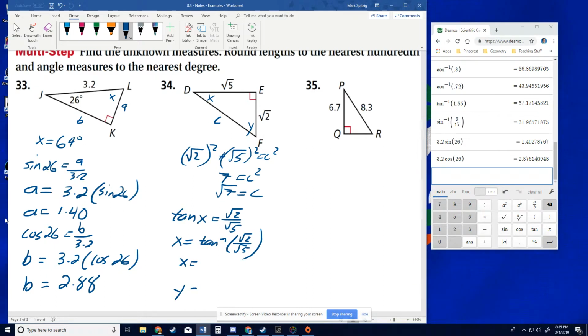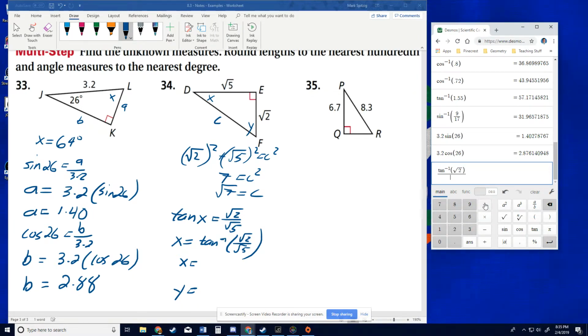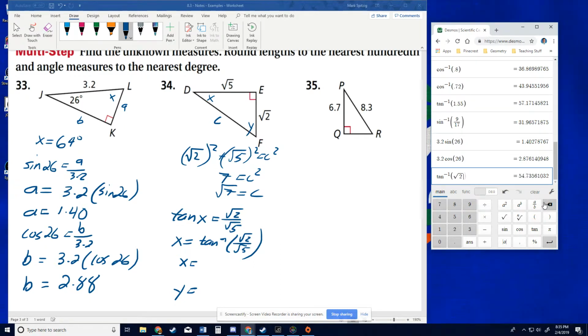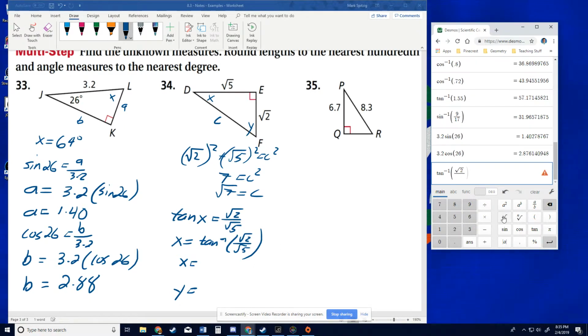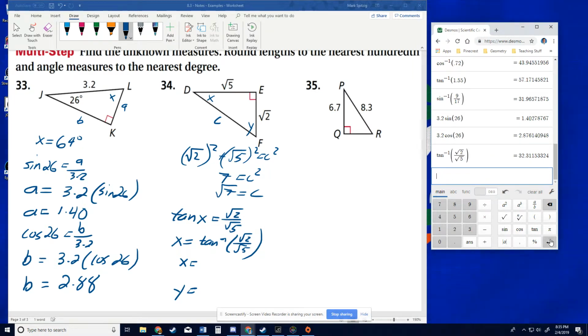Once we round that, we can find the rounded version of y. So inverse tan of radical 2 over radical 5, it looks like 32 degrees. If that's 32 degrees, then that is 58 degrees.